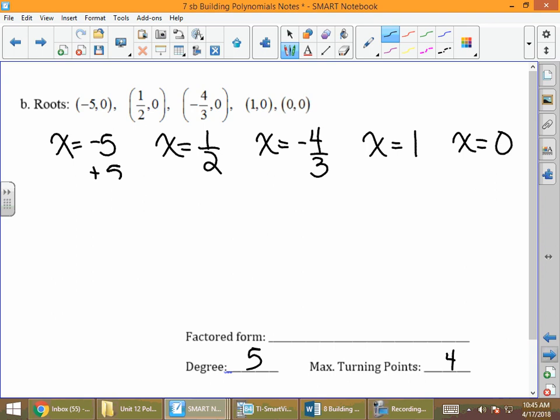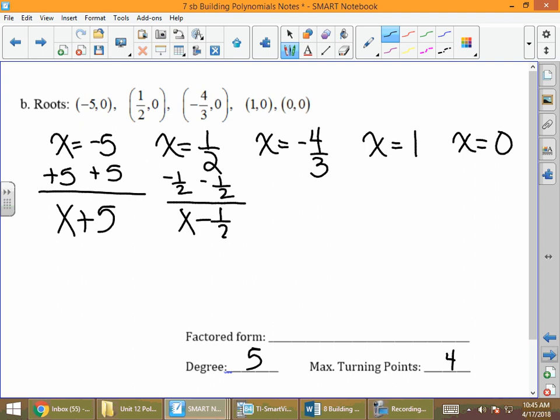So we're going to add 5 to both sides. Again, some of you don't have to show me that step. Some of you can go directly to it. Subtract the 1/2 from both sides. We get x minus 1/2. Add the 4/3 to both sides. We get x plus 4/3.